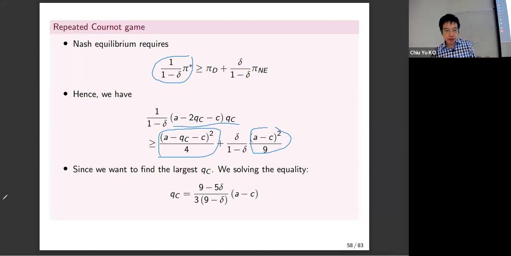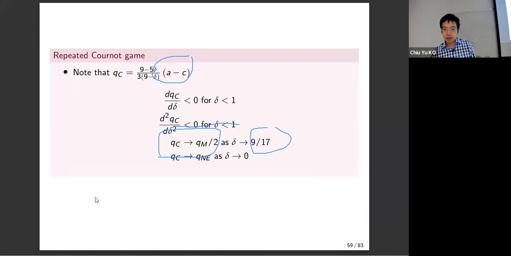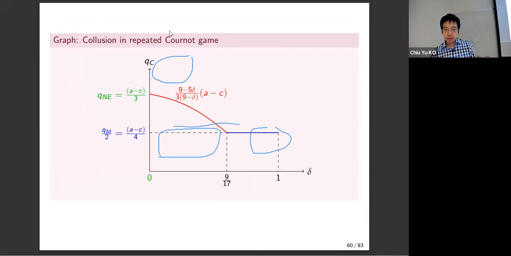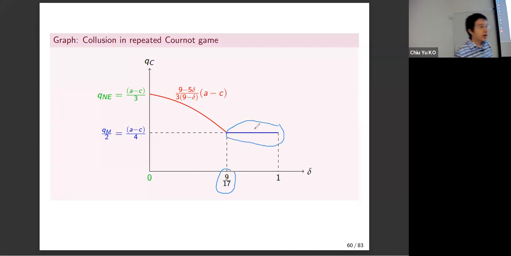Let's draw the diagram. You will see, it's very simple. If you are very patient, we can sustain monopoly, everyone produces 1/4. If none of us is patient, you go to Cournot, everyone produces 1/3.